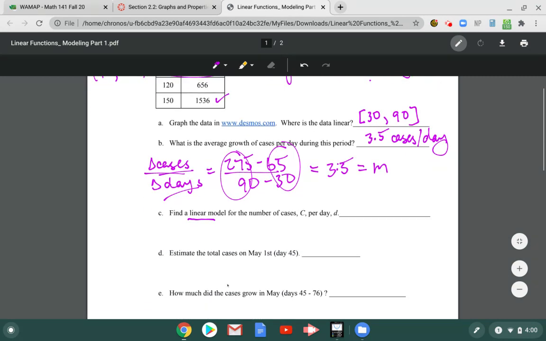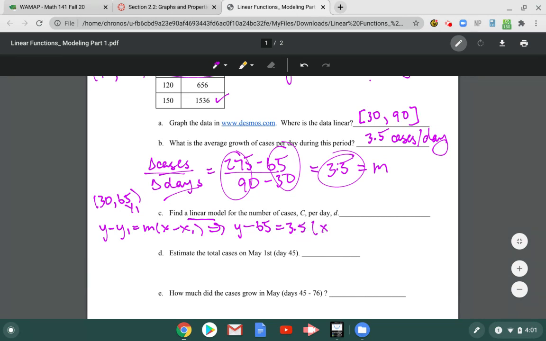So I'm going to use my point-slope formula. y minus y1 equals m times (x minus x1). And for my point, I'm going to use (30, 65). So as I put this into my model, y minus y1, which is 65, equals m, that's my rate of change, 3.5, times (x minus x1), and that's 30.